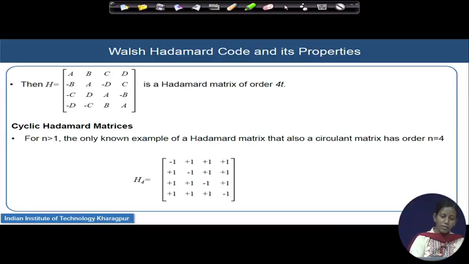Then we can construct a Hadamard matrix from all those 4 symmetric matrices, combining them in this way.